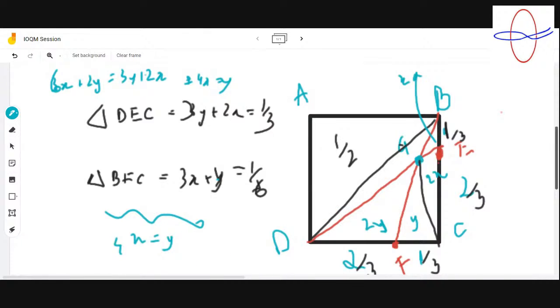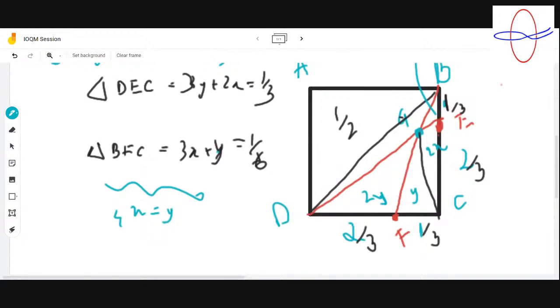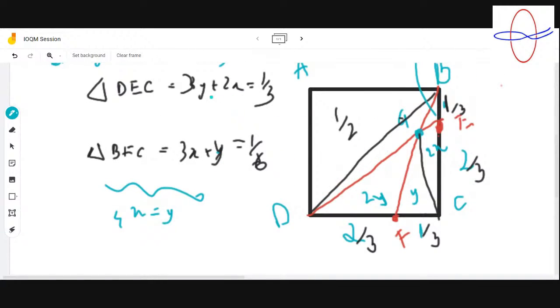If y is equal to 4x, therefore what do we get? We get that 3x plus y, that is only 2x. So we get that 6y plus 4x, that is y, is equal to 2 by 3.